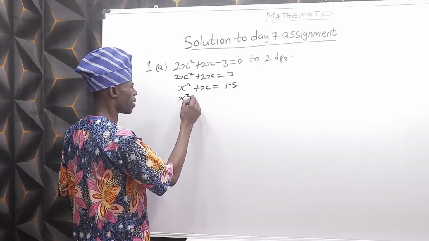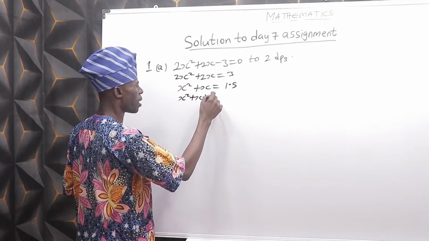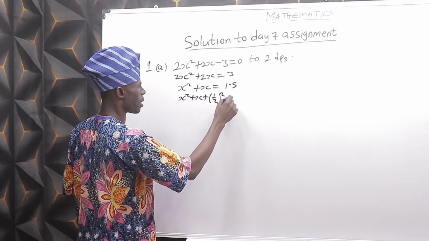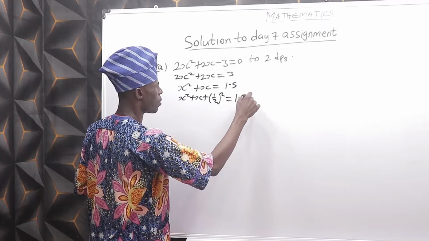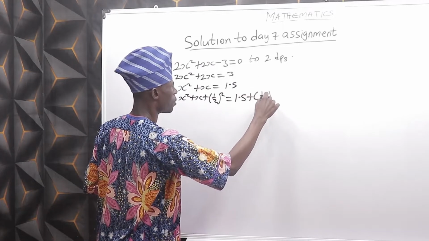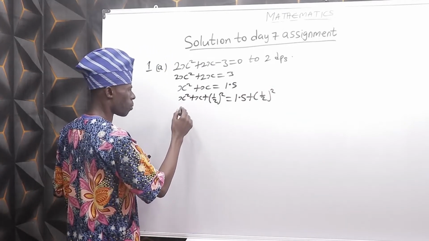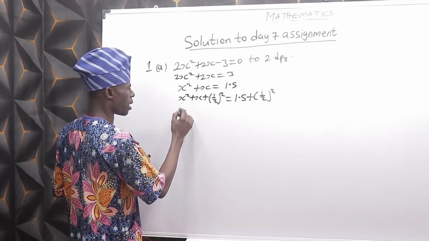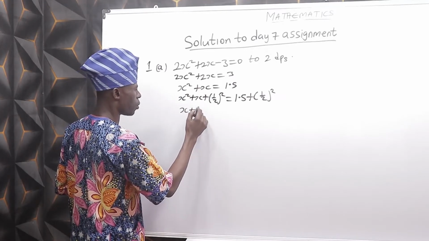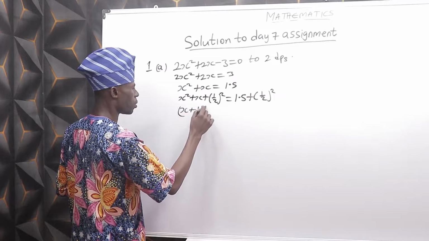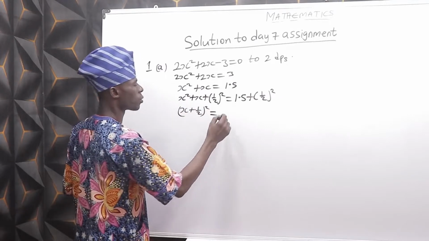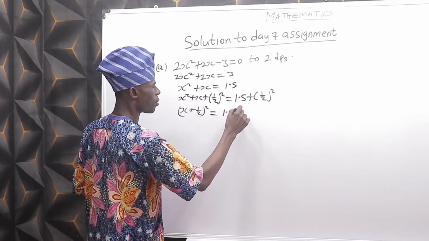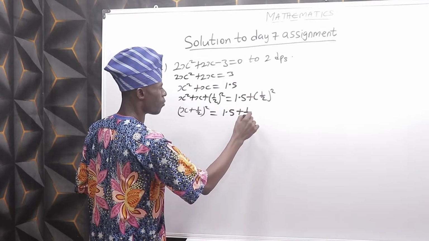We have x squared plus x plus half squared equals 1.5 plus half squared. So, bringing these together, we have x plus half whole squared equals 1.5 plus 1 over 4.